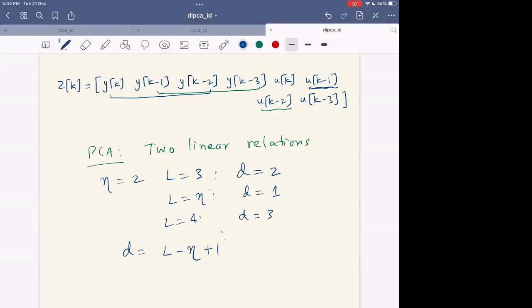So that when L equals eta, you would have stacked it accordingly. It will be only one constraint. Now, when you do PCA on your stacked data, you know D, you know L, right? Therefore, you can rewrite this as an expression for eta and derive this. Okay. So that's the main point here.